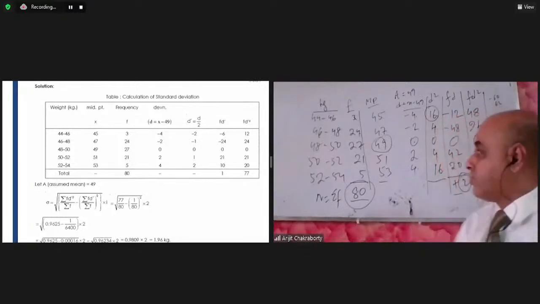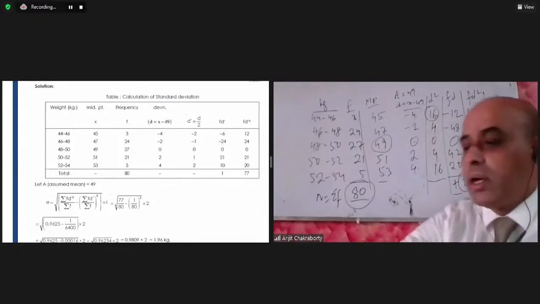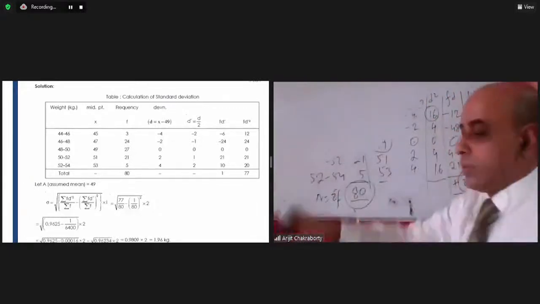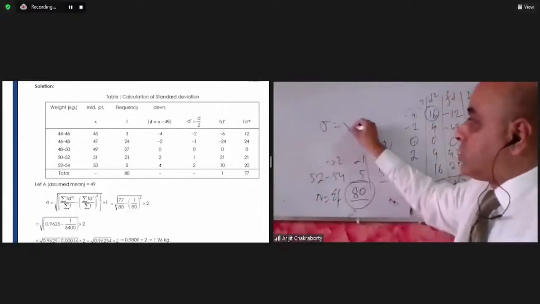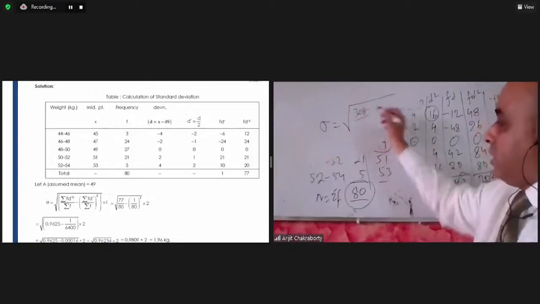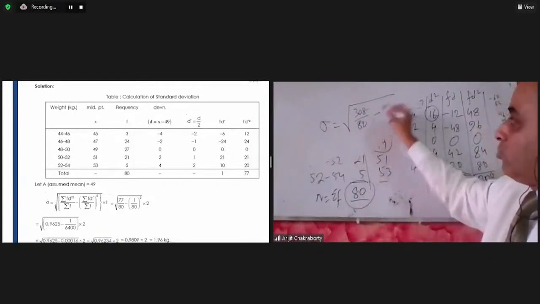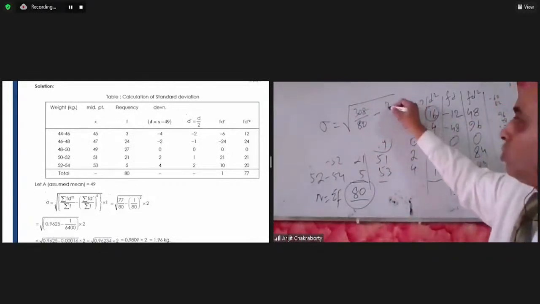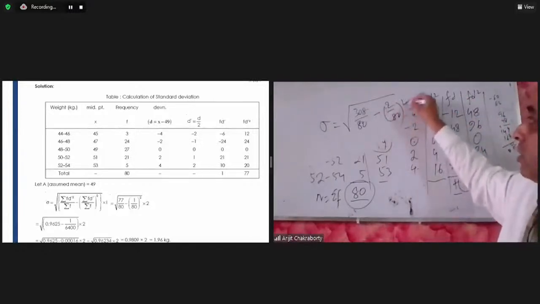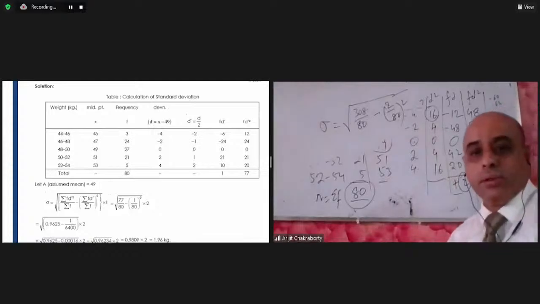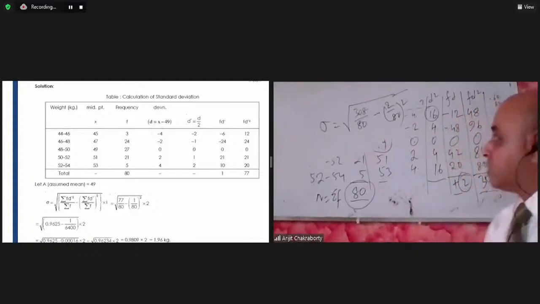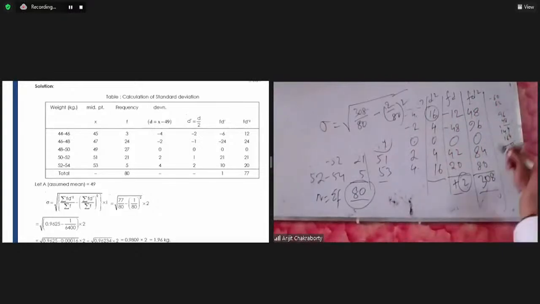So here we have got these numbers. And if you just find out the formula, the standard deviation sigma will be equal to the square root of 308 divided by 80 minus sigma FD by 80 square. So this should give us the answer. We'll just check whether we have done it correctly.